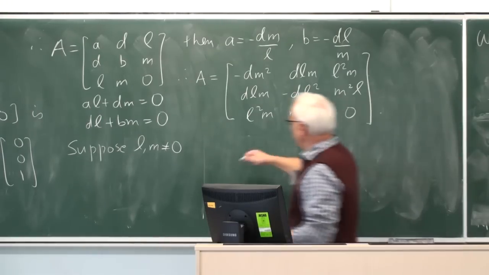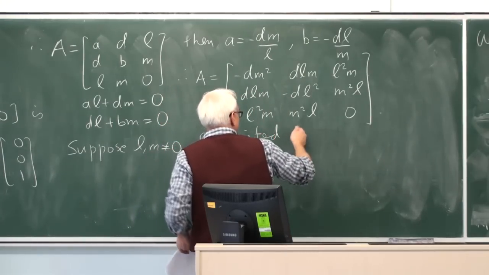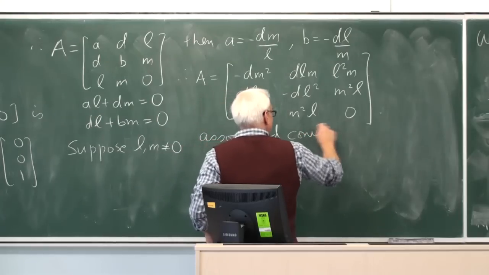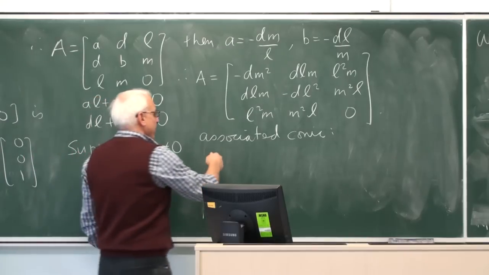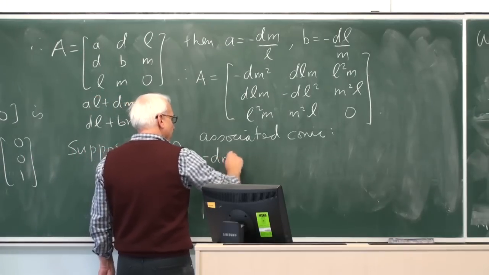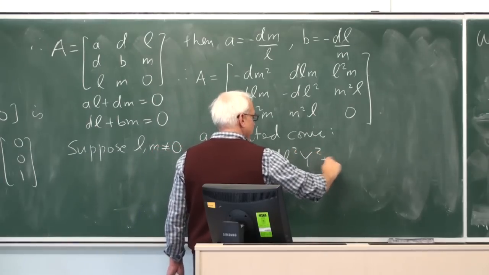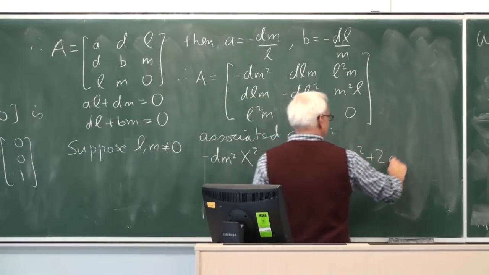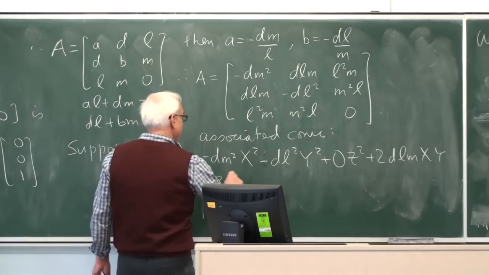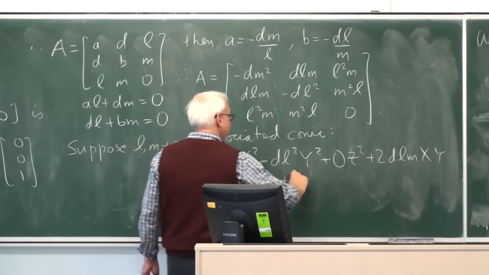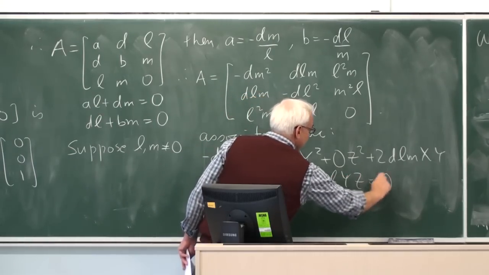And so the associated equation for the conic will be minus dm squared times x squared plus minus dl squared times y squared plus 0 times z squared plus 2dlm xy plus 2l squared m xz plus 2 m squared L yz equals 0.